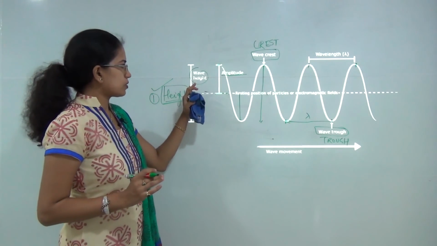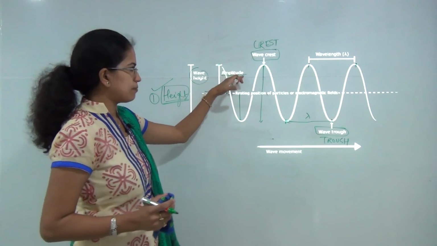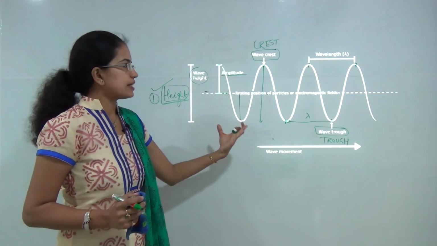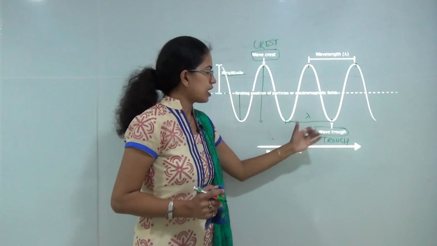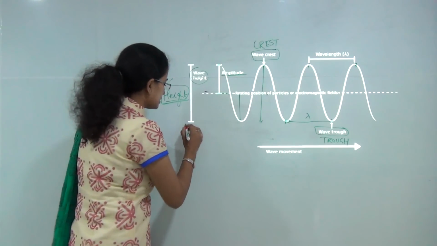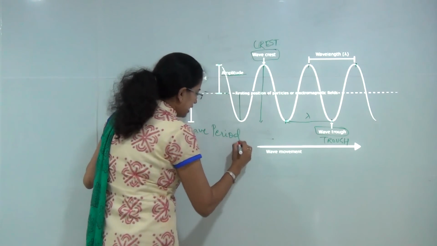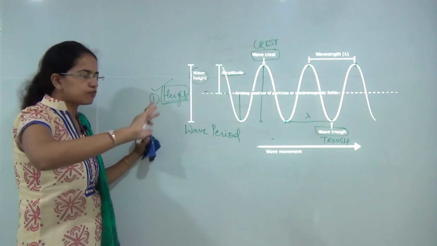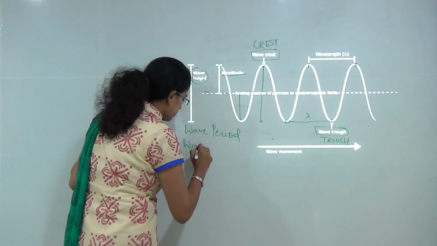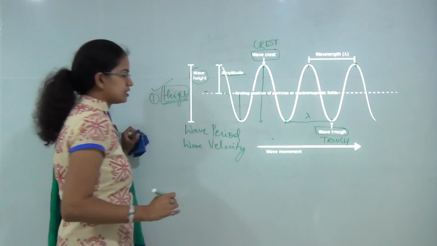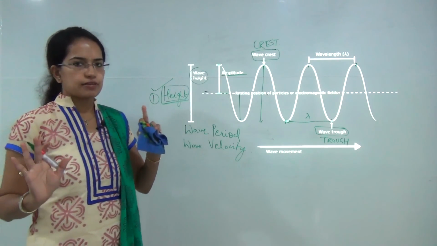So we have talked about wave height, amplitude, crest, trough and wavelength. Now the time taken by the wave to cover one wavelength is known as the wave period, and the speed at which the wave moves on is known as the wave velocity. So these are another two things that we need to understand about waves.